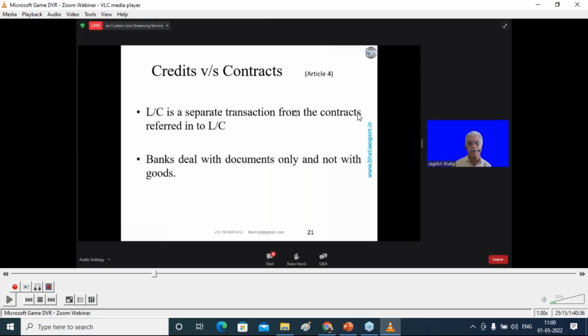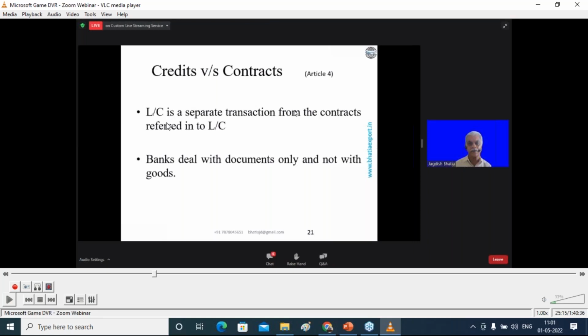Suppose some other conditions are there in the contract; the contract is not binding for this transaction through banking channels. We are talking only about the banks. Banks are concerned only about the documents, and documents should be as per the LC terms only, no other contracts.